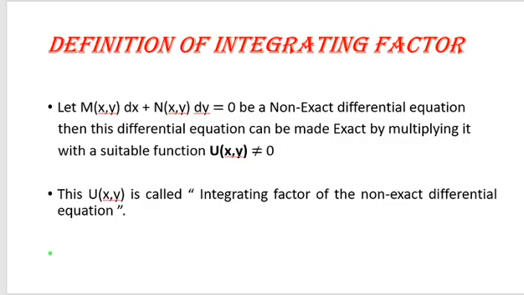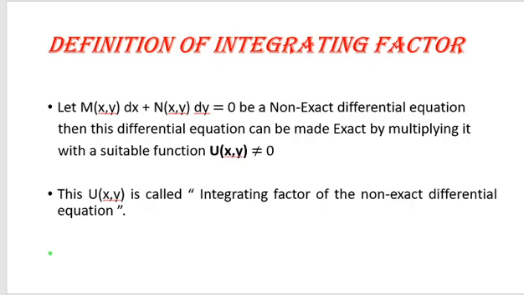Let M(x,y) dx + N(x,y) dy = 0 be a non-exact differential equation. Then this differential equation can be made exact by multiplying it with a suitable function in x and y, and that function is named u(x,y), and moreover that u(x,y) must always be non-zero, because by multiplying with a 0 term you can't achieve anything, everything will become 0.